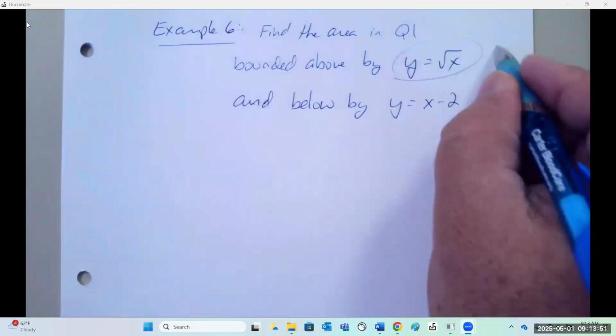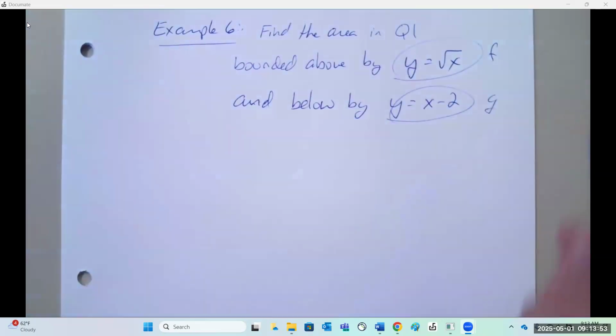We're given above and below, so this is the f of x, this is the g of x. We have to find the points of integration, a and b.